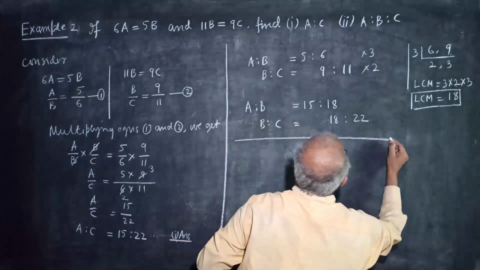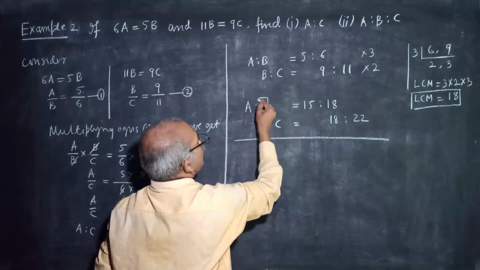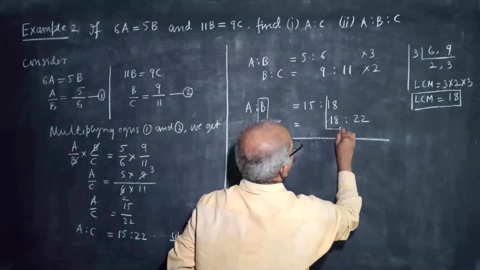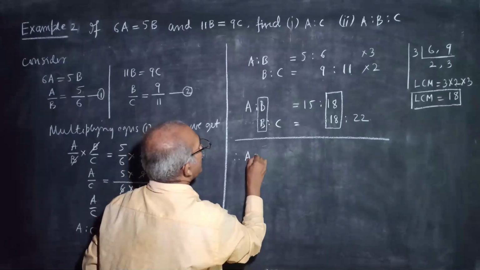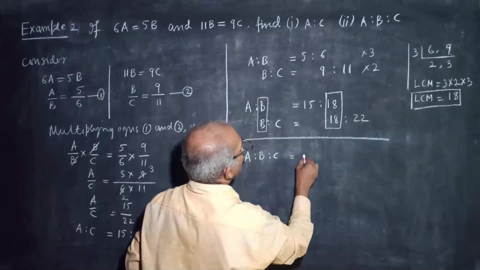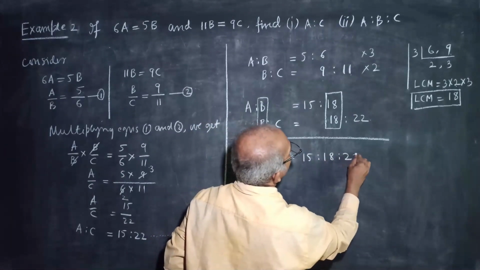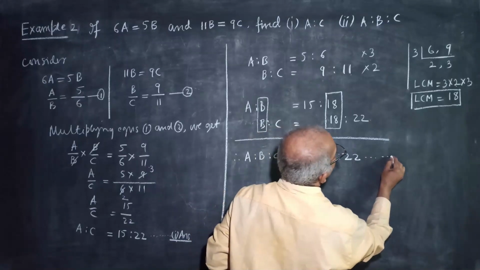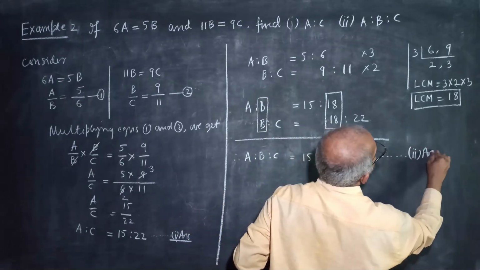Now we observe one thing. So here b is same, here I made it 18, same. Therefore a is to b is to c is equal to 15 is to 18 is to 22. This is your second answer.